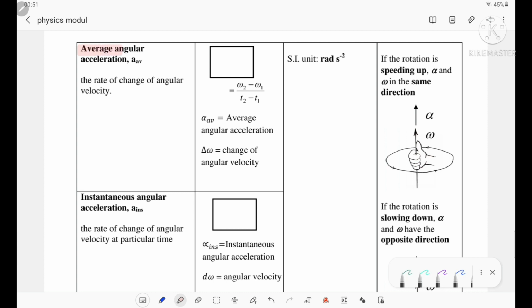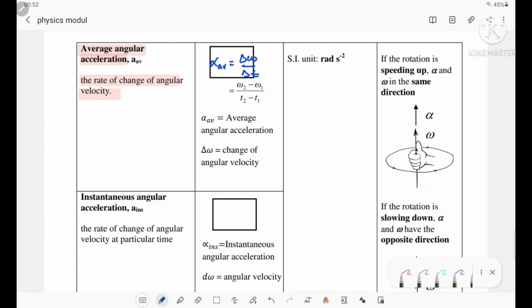Next, we have average angular acceleration. It's the rate of change of angular velocity. We can write average alpha is equal to delta omega divided by delta t.